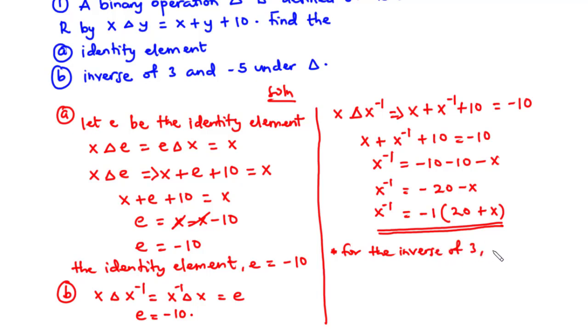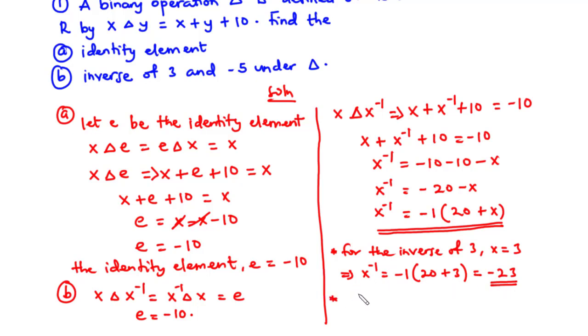For the inverse of 3, x is equal to 3. So we have x inverse is equal to negative 1 into bracket 20 plus 3. Now 20 plus 3 is 23, times negative 1 is negative 23. So this is the inverse of 3.